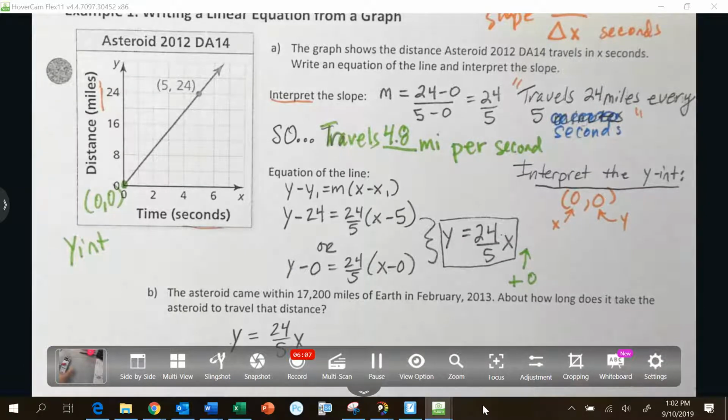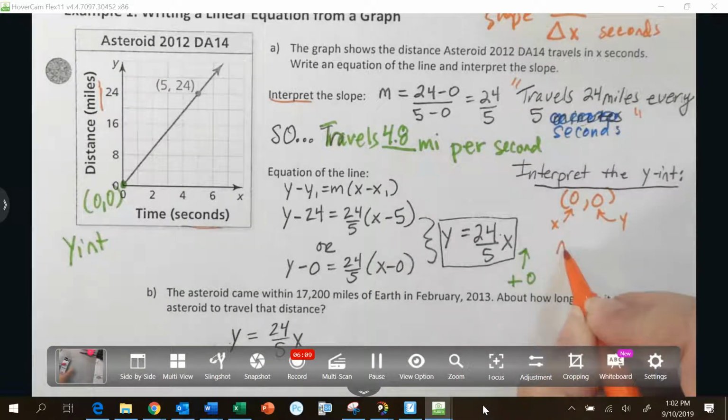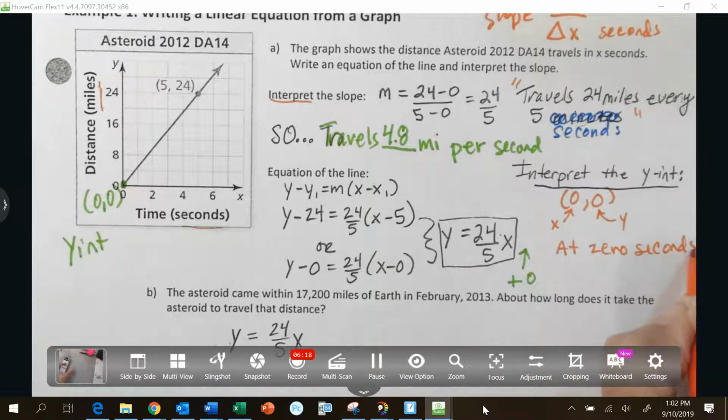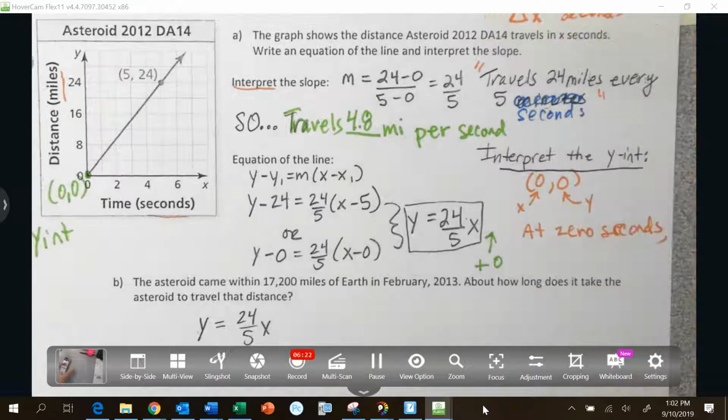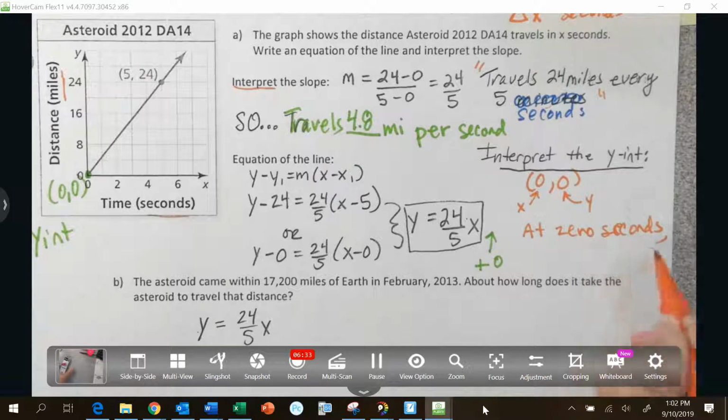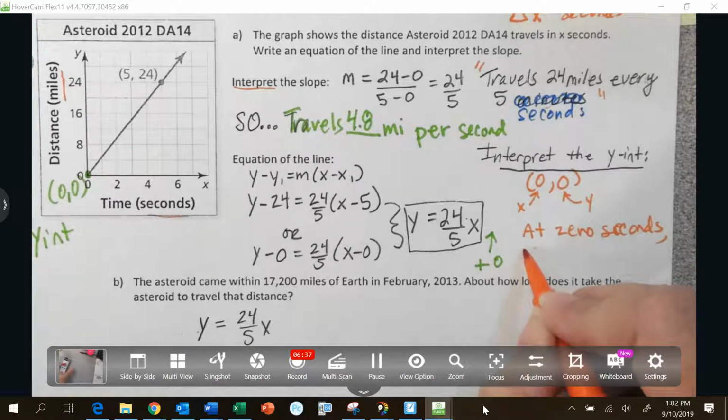So at 0 seconds, now we talk about y. What's y telling us? Distance. It hasn't traveled anywhere. Silly to say, but can you say it? At 0 seconds, no distance traveled.